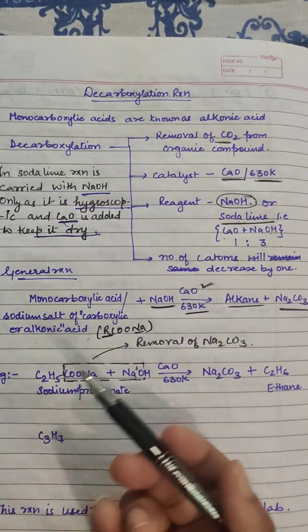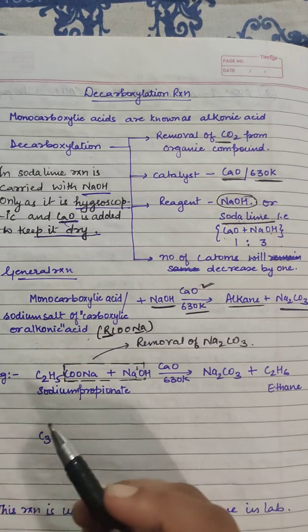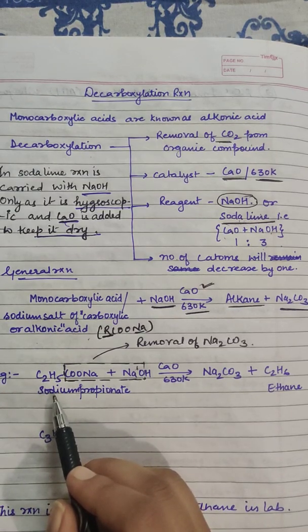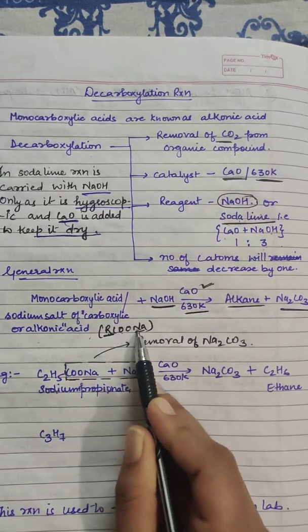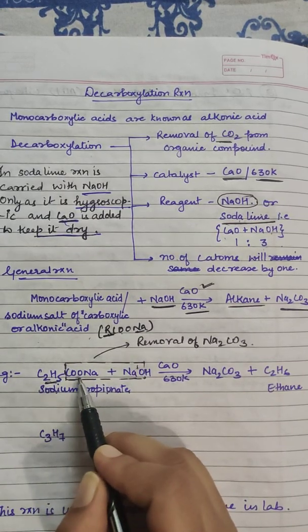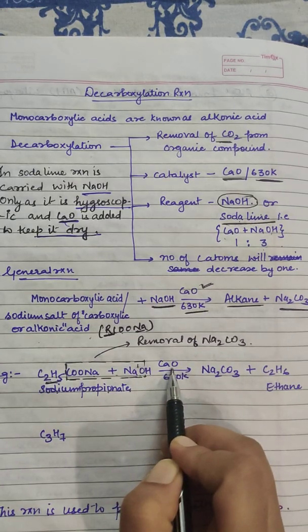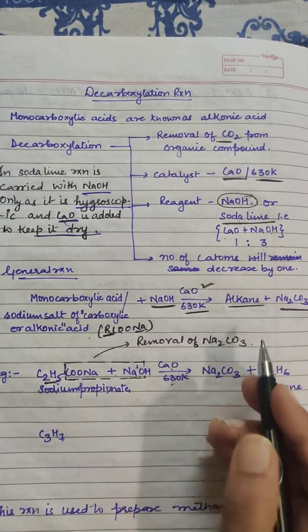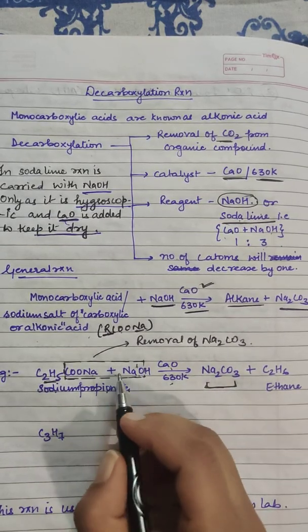Let's jump on to another example so that it is clear to you. Suppose I have taken sodium propanoate. I have already told you we take RCOONa. So R here is the alkyl group C2H5, COONa plus NaOH in the presence of calcium oxide at 630 Kelvin. What are we going to remove? First of all sodium carbonate, Na2CO3.